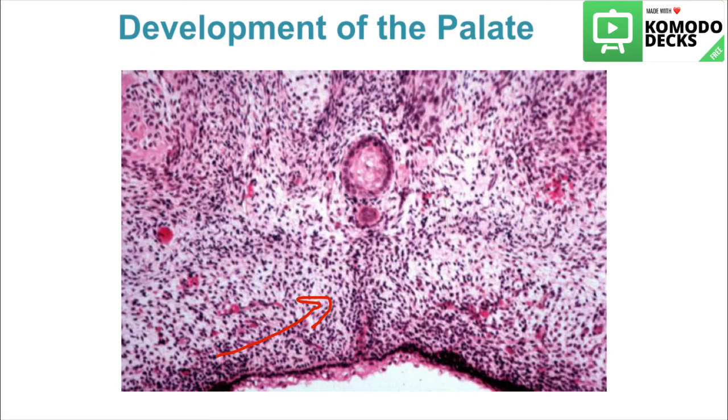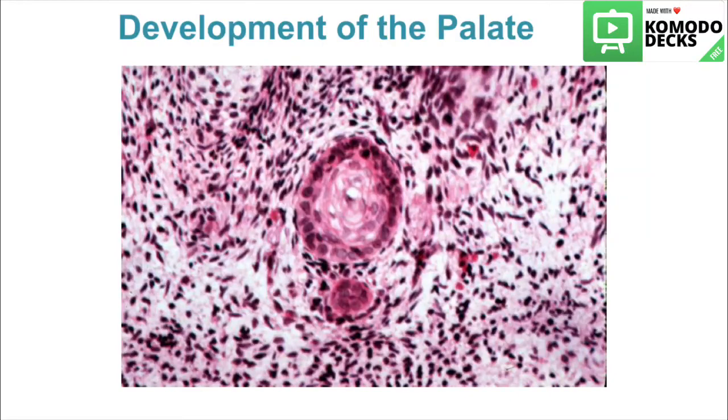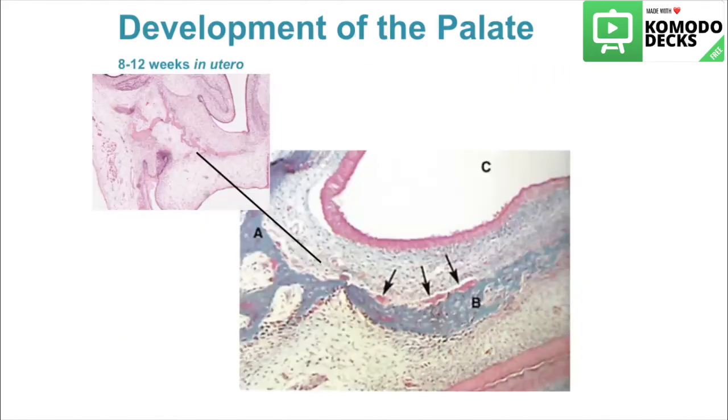So here, if you magnify it, you will have the midline mesenchymal cells in the area of the midline epithelial seam fusing in the area of fusion of the palatal shelves. Here is a higher magnification of the neurovascular process for the palatine nerve, artery, and vein.